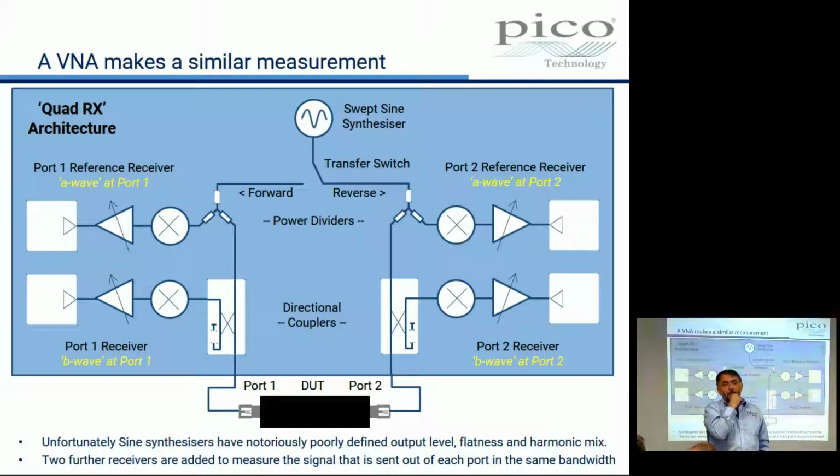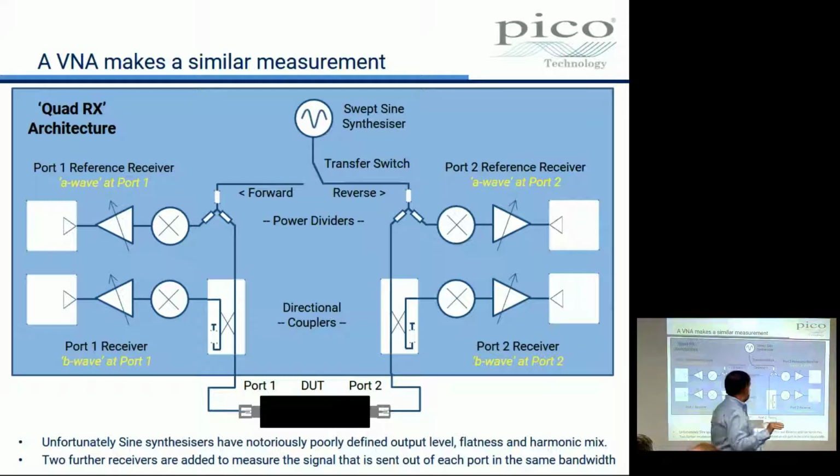So if you look at signal generator specs, you'll see specifications around half a dB flatness or 1 dB flatness. Well, that's 10% error if there's a flatness error that big. We need to know this signal much, much more accurately than plus or minus 1 dB.